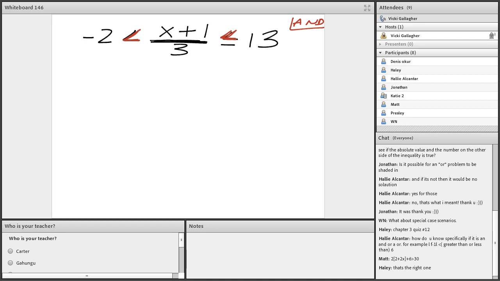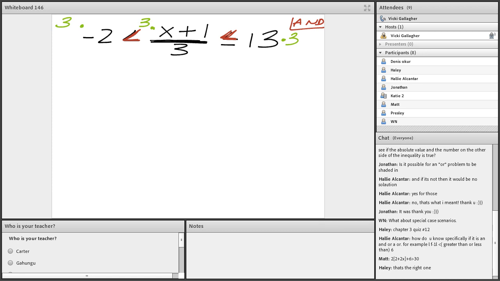And I don't normally say that. Normally I'll tell you to get rid of the fractions last, but because it's so big, we actually have to get rid of it first. And the way that we get rid of a fraction is we multiply by the denominator. Now on these and problems, whatever you do, you have to do in 3 places. You'll do it once in the middle, once on the left, and once on the right.